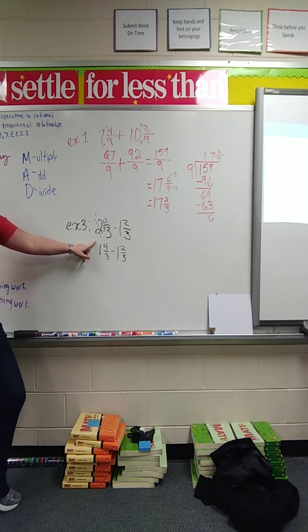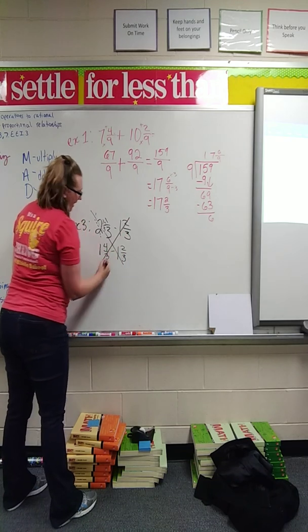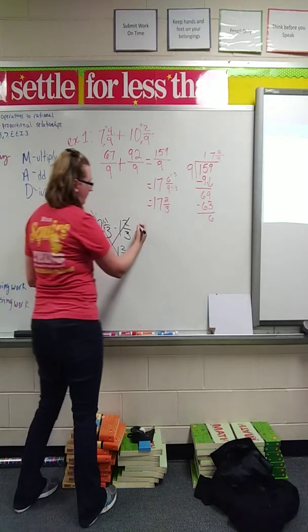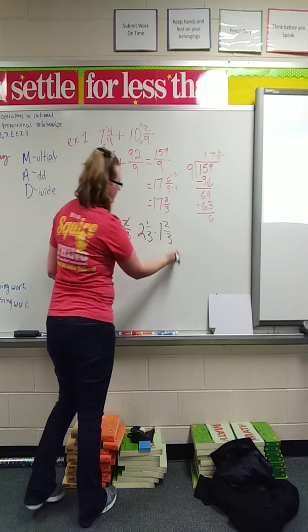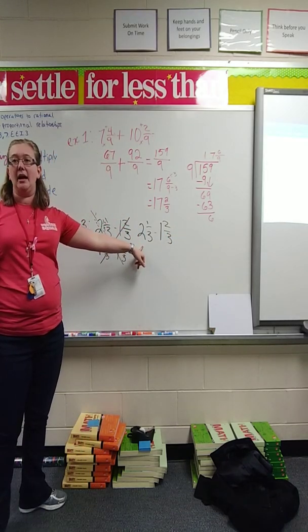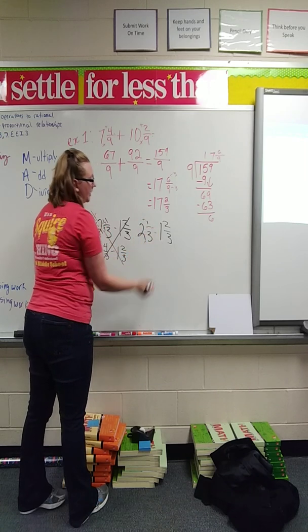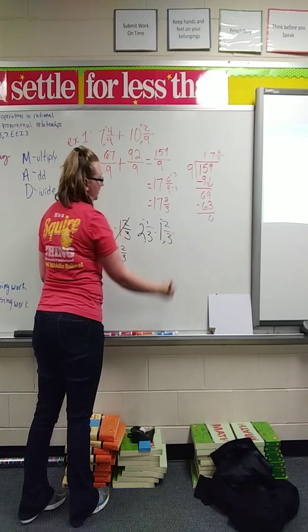No. So we're not going to solve it like that. That's why I have us solve it this way. By doing it this way, if I have 2 1/3 minus 1 2/3, I have to get MAD. So I multiply, then I add, then I divide.